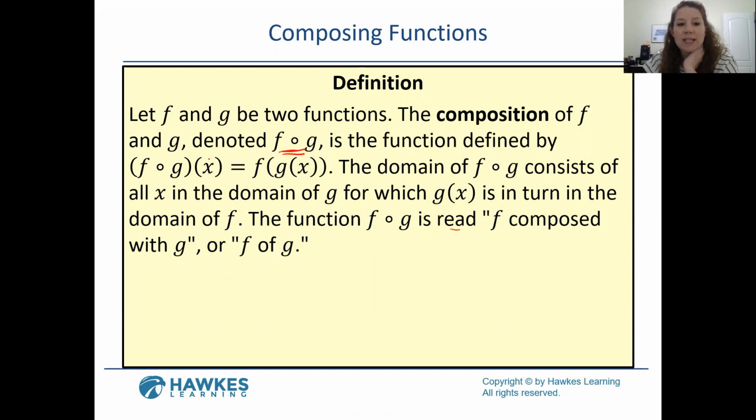And so if we distribute this right here, this would be g of x times f. The domain of f composed of g consists of all x in the domain of g, for which g of x is in turn in the domain of f. Oh my goodness, what does all that mean?